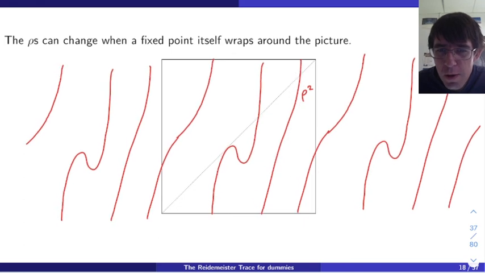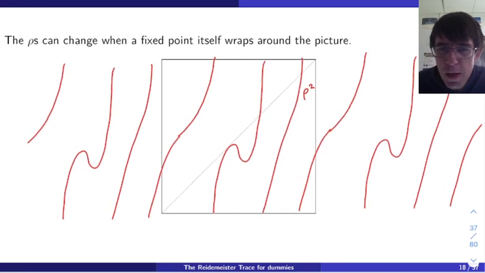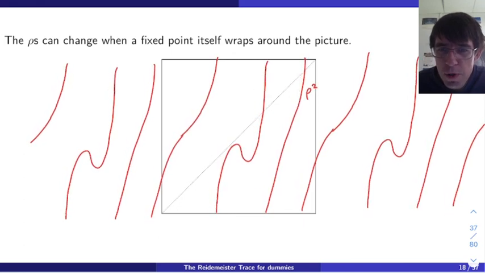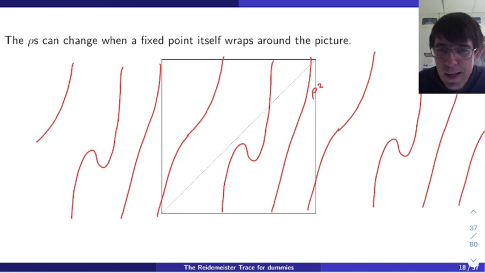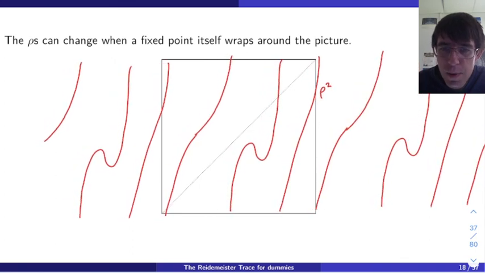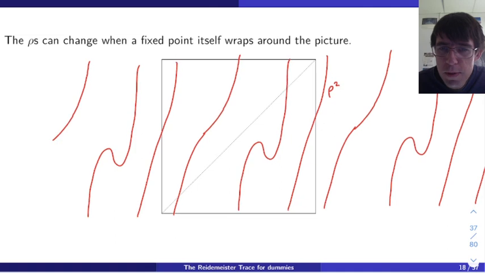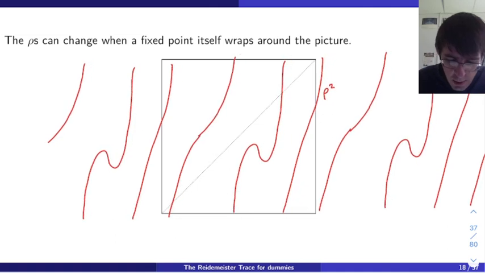All right, see that point? You should be looking in the upper right of the box. You see that fixed point is approaching the upper right corner, and it leaves the picture. Now, that fixed point didn't actually disappear. In fact, that fixed point, which used to be up here, when it left the picture, became this point over here. That's just because of the way this function wraps around.